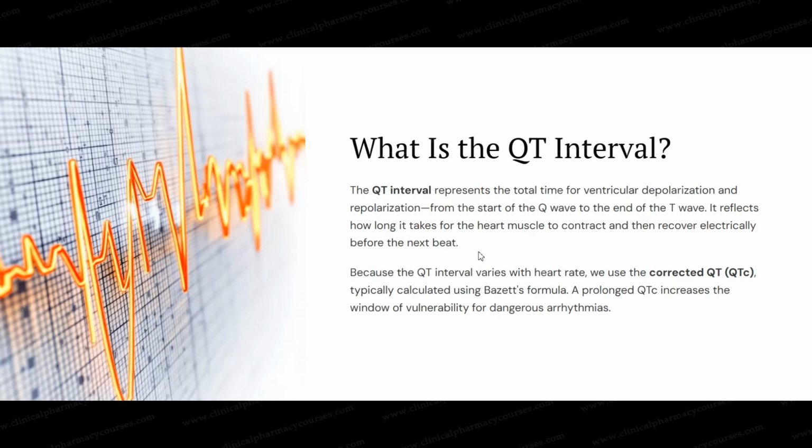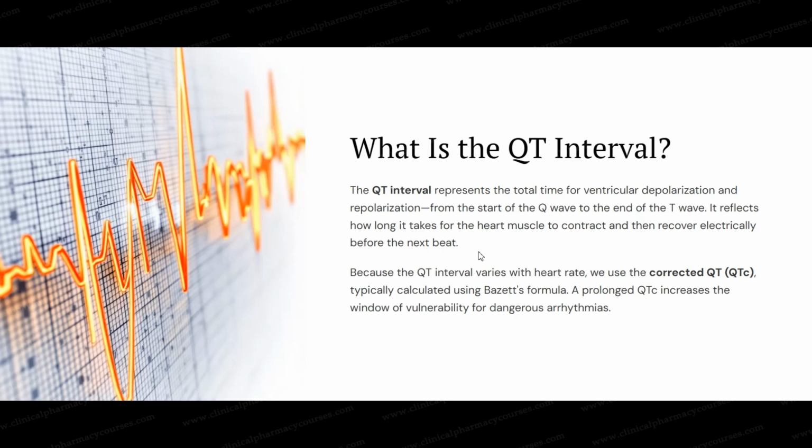Since the QT interval varies with heart rate, we usually use the corrected QT, or what we call the QTc, typically calculated using Bazett's formula, but then you'll see it reported on the ECG anyway, so you don't have to do the calculation yourself.